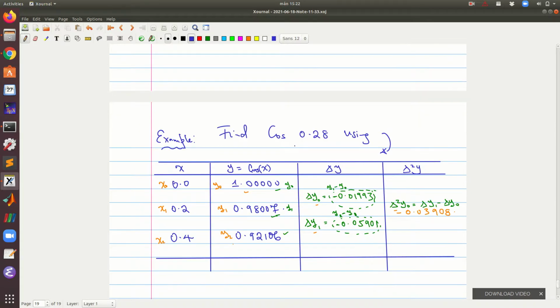So 0.28, where does it lie? It lies here, between this one here. This is 0.28. So this becomes our unknown x value, okay. We want to find the value at that intermediate point.